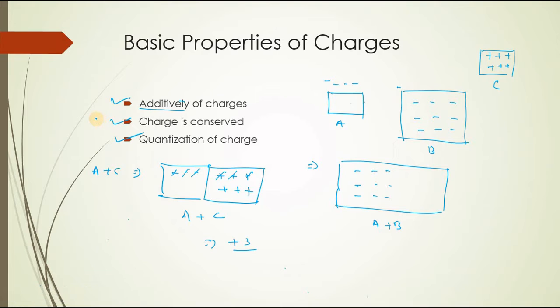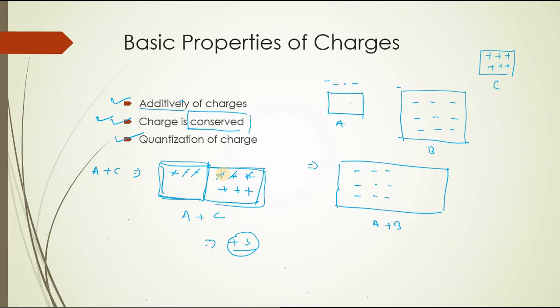It also covers the concept that charge is conserved. You cannot create charge or destroy it. So A had negative 3, C has positive 6, so add them, the charge is 3. That is basically charge being conserved. Charge is not going anywhere, they are just neutralizing each other. It's not that an electron has gone anywhere, or a proton has gone anywhere; the charge of the proton and the charge of the electron are cancelling each other.